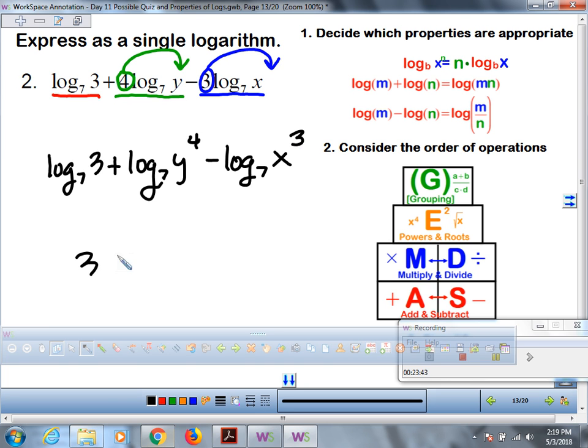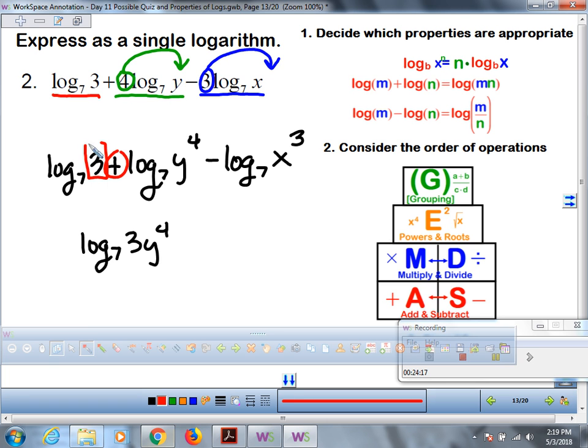If I had 3 plus 4 minus 5, I would add these first and then subtract the 5, correct? Okay, so I'm going to do this one first. I'm going to use the product rule for that one. So that would make this log base 7 of 3y to the 4th.